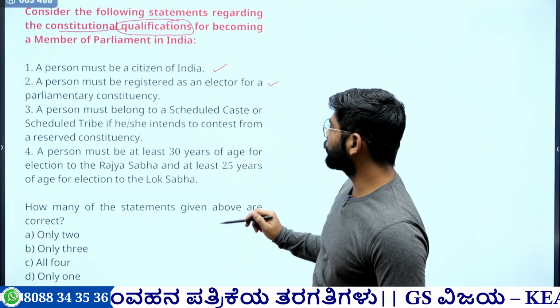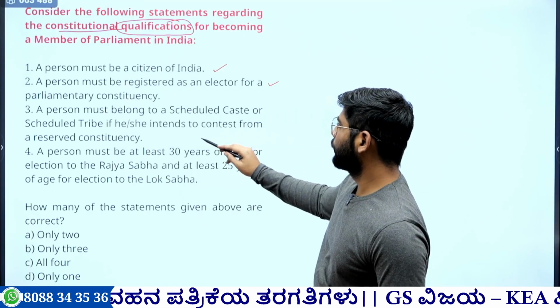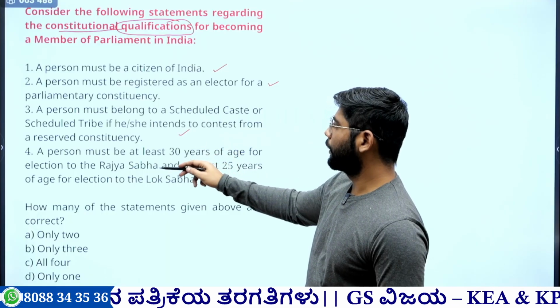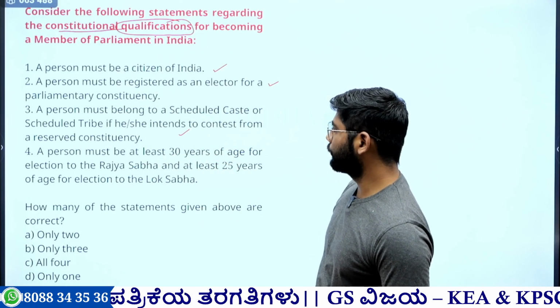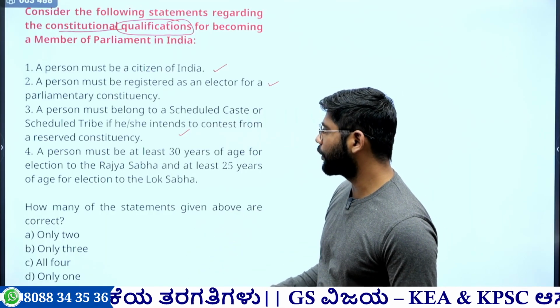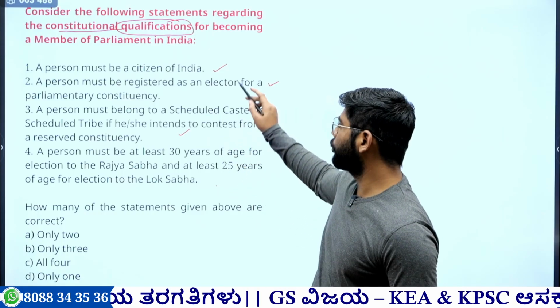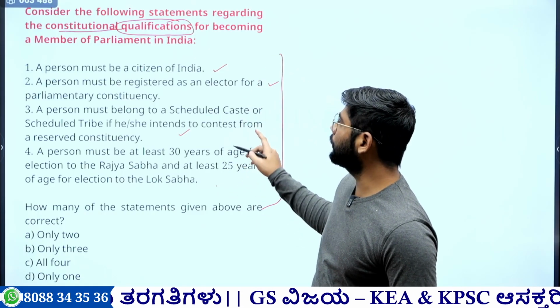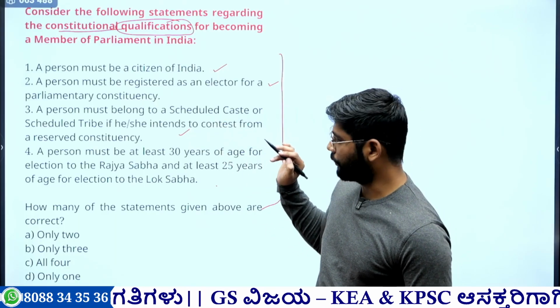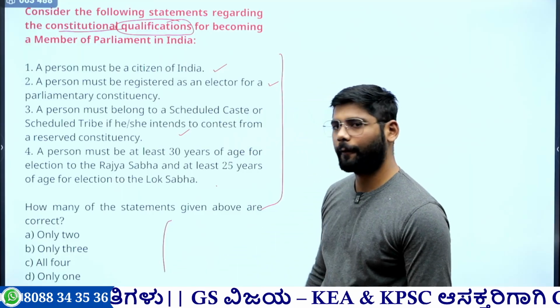Third, the person must belong to a scheduled caste or scheduled tribe if she intends to contest from a reserved constituency. Fourth, the person must be at least 30 years of age for election to Rajya Sabha and 25 years of age for election to Lok Sabha. Now, which of these four are constitutional qualifications, that is, required by the Constitution? Let me know which one is the correct option here.